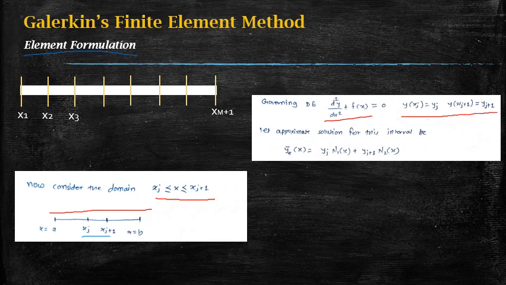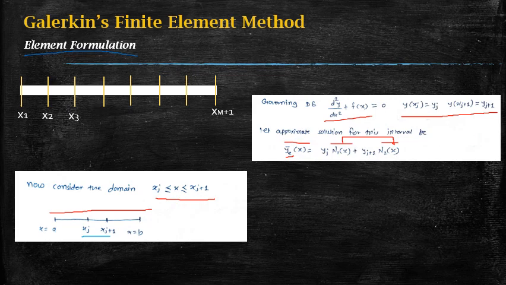Again, now let the approximate solution for this interval be y bar e of x is equal to yj into capital N1 of x plus yj plus 1 into capital N2 of x. Now these interpolation functions are written as capital N1 and N2, and y bar is now written as y bar e, where this subscript e stands for elemental solution.